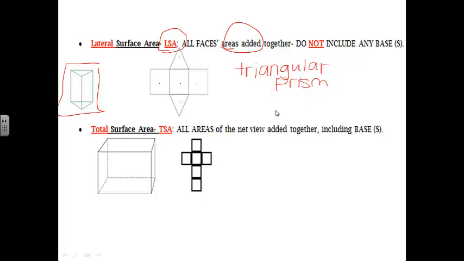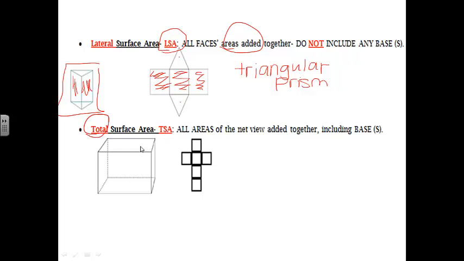So the lateral surface area would be adding all these areas up, but we're not including the bases. So we would add our three rectangles and not include the bases. Just like we did with composite figures, we are adding all our areas up to get lateral surface area or total.